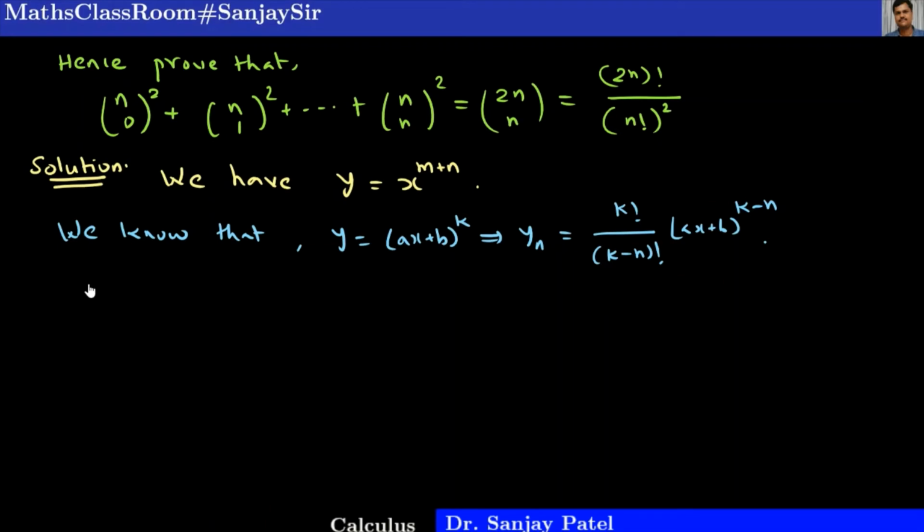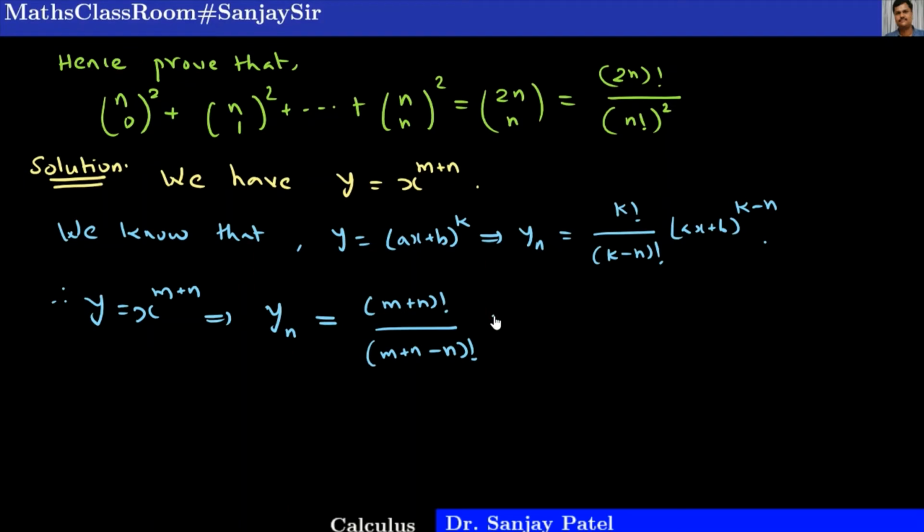So here, therefore, for the function y is equal to x raised to m plus n, we have k equal to m plus n. So what I will get is its nth derivative yn is given by m plus n factorial upon m plus n minus n factorial into x raised to, because the function ax plus b is x only, k, that is m plus n minus n.